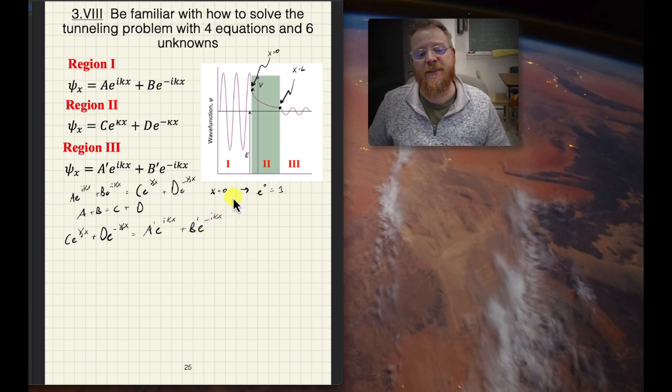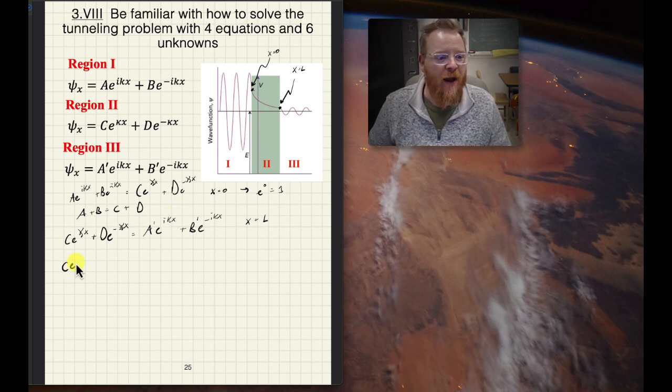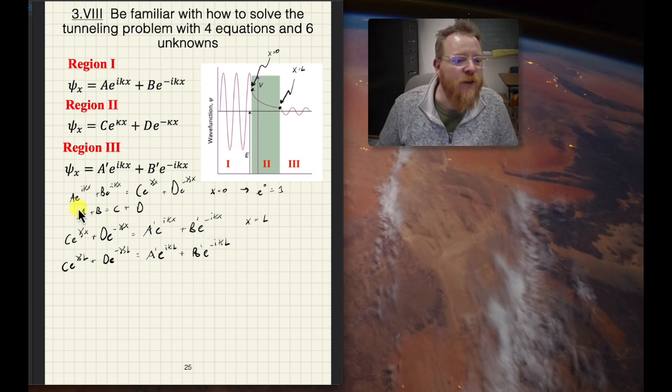And because at this condition x equals L, we can't quite simplify this as much as we want to. So I'm just going to replace x with L, and we'll note that that is our second equation here. So C e^(κL) plus D e^(-κL) must equal A' e^(ikL) plus B' e^(-ikL). And so I'll start highlighting these here.